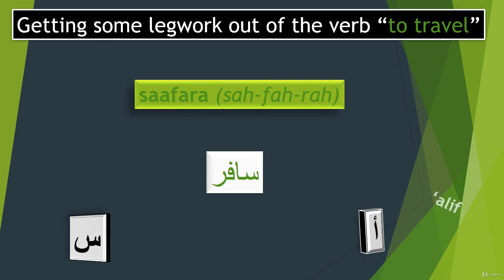It's nevertheless considered to be a regular verb because the fourth consonant, the alif, is actually a consonant that acts as a long vowel elongating the sin. So سافر is conjugated in the ماضي, past, and the مضارع, present, the same way as most other regular verbs.